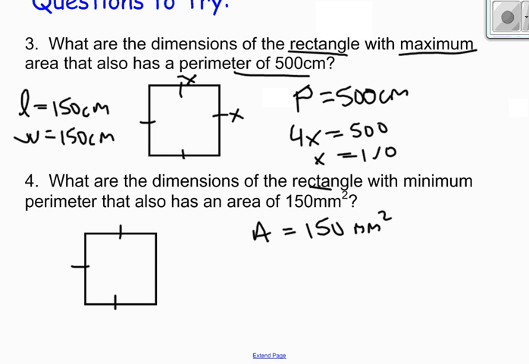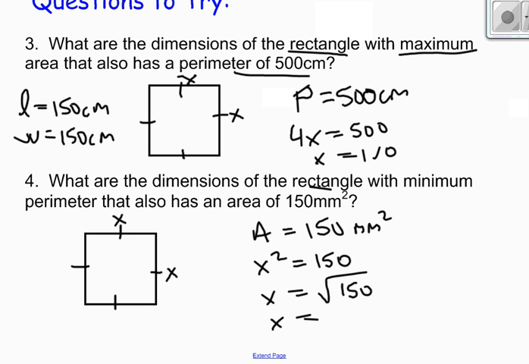What are the dimensions? So length and width are both x because they're the same value. And the area is length times width. So length times width is x squared. So in this case, x squared equals 150. So I'm going to need to take the square root of 150 to figure out what x must be.